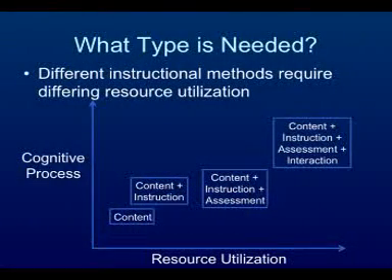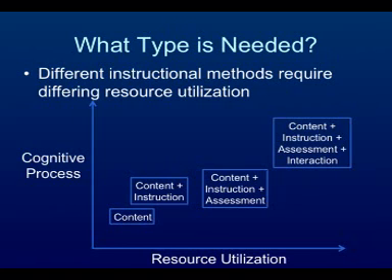Well, as you can get from the levels of objectives, different instructional methods require different resource utilization. If you graph it out with the dimension of cognitive process going up on the y-axis, and on the x-axis you have resource utilization, what you'll see is when you have simple things like content, it requires very little resources, but it also doesn't really hit very high cognitive dimensions.